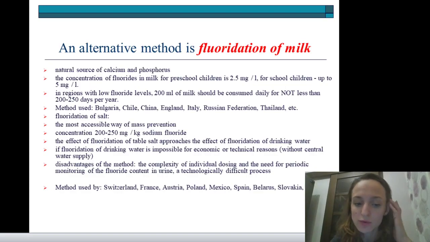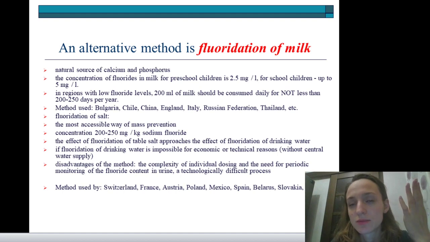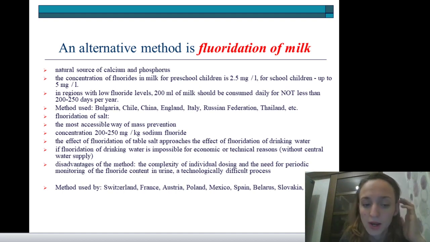Disadvantages of this method are the complexity of individual dosing and the need for periodic monitoring of the fluoride content in urine. Technologically, it's a very difficult process. And you can see what countries use this method.